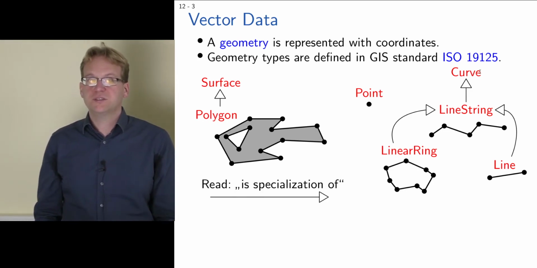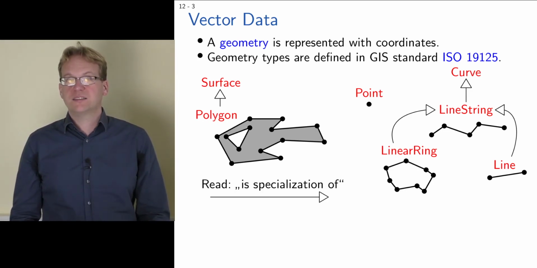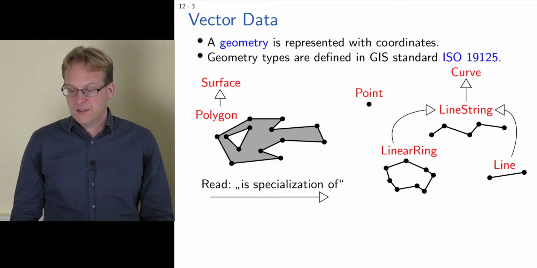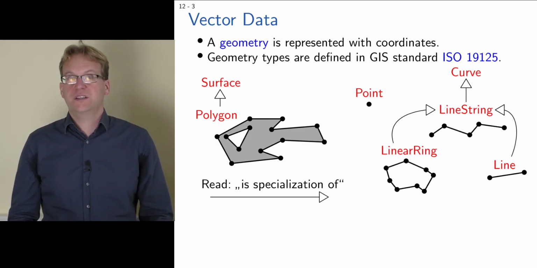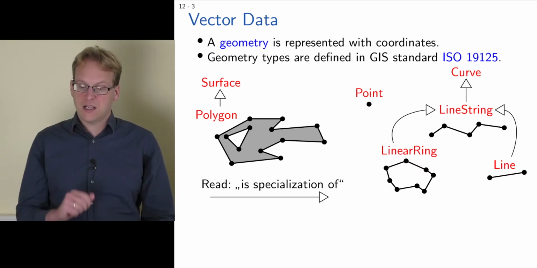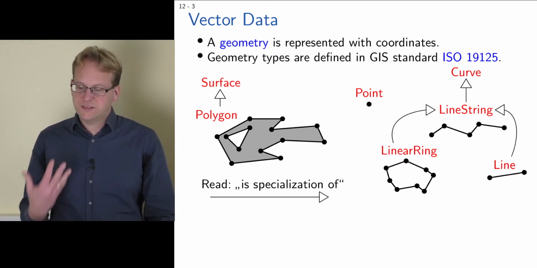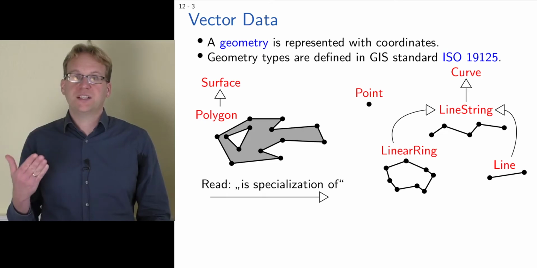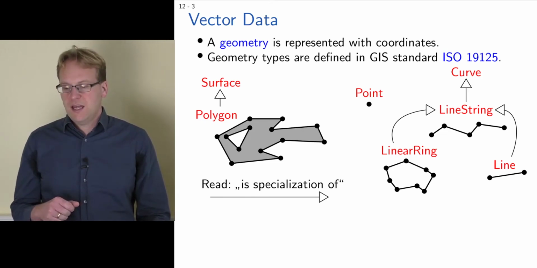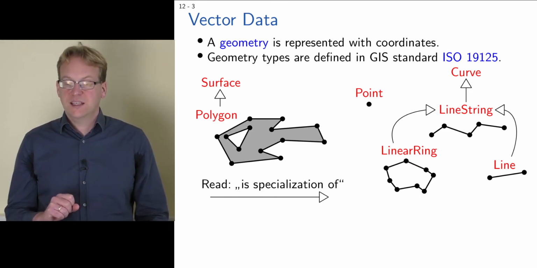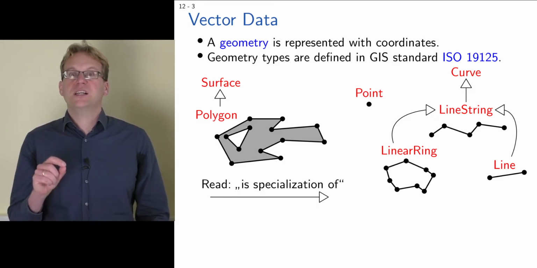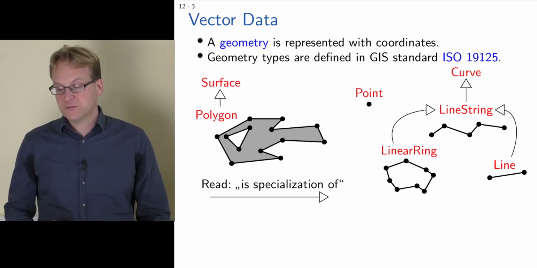But you can also introduce maybe your own class that is a specialization of curve. For example, you can define circular arcs. Now, that is not defined in this standard, a circular arc. But this standard defines this abstract class curve. And if you need a circular arc, you need to define your own class and say that it's a specialization of type curve.